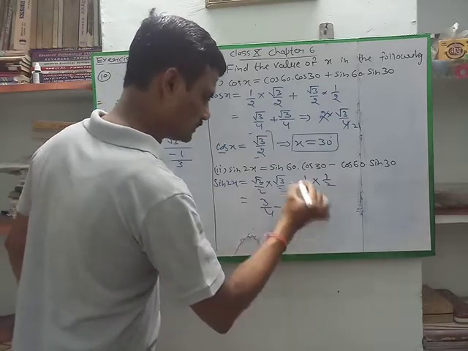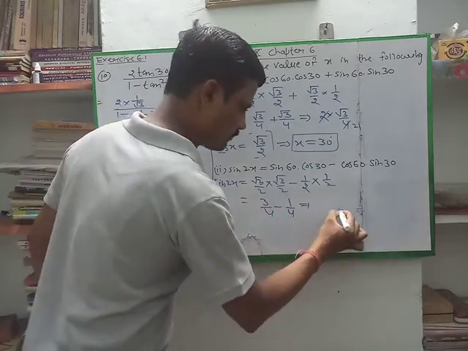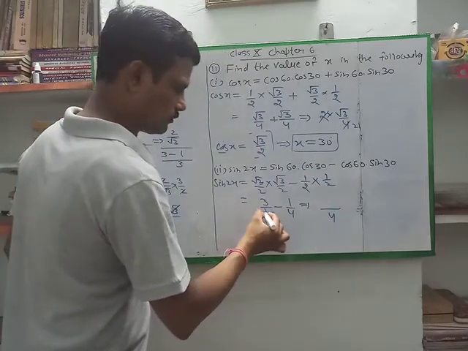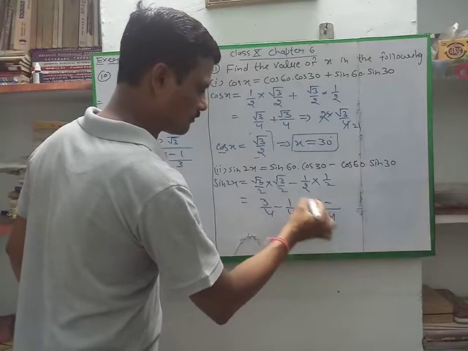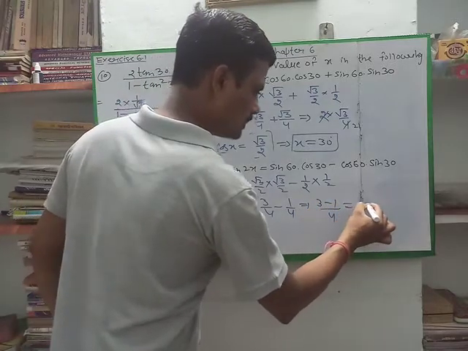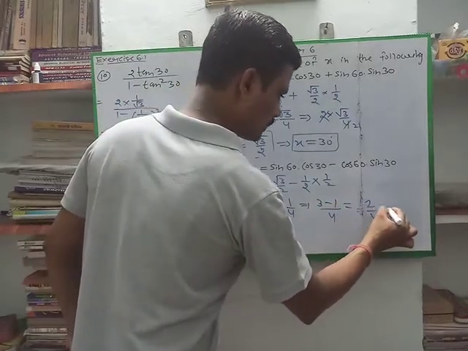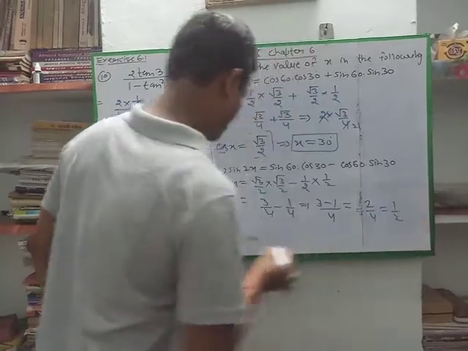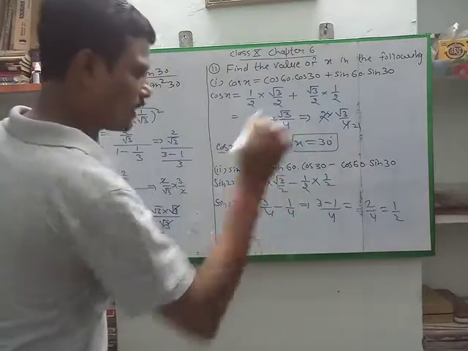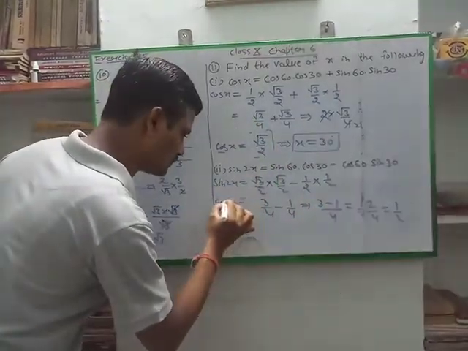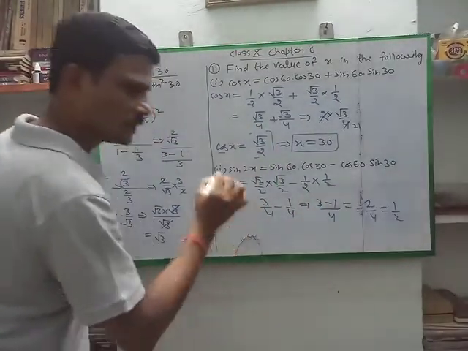Now solve this. 4 is the LCM. 3 minus 1 upon 4. This will be 2 upon 4, which means 1 by 2. So sin 2x is 1 by 2. Theta is 2x here.